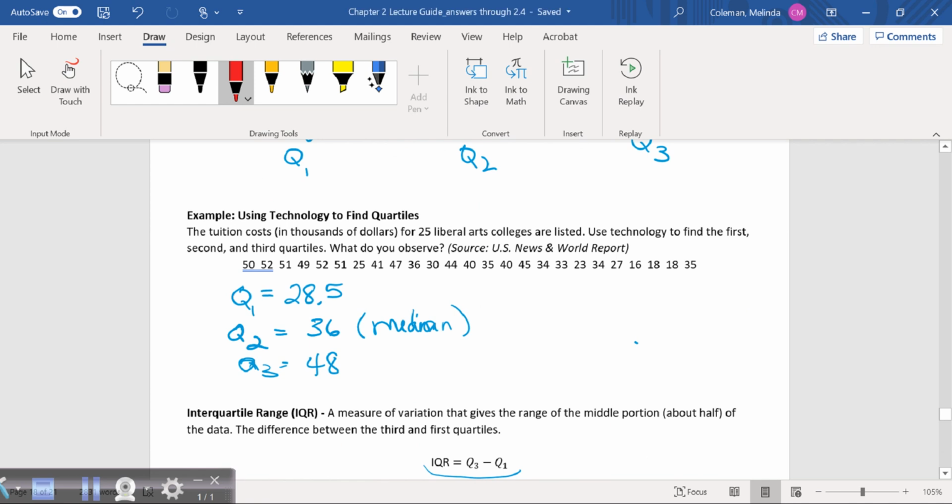Less than 34,000. So we have 1, 2, 3, 4, 5, 6, 7. Make sure I didn't miss any of them. So there would be 8 pieces of data.